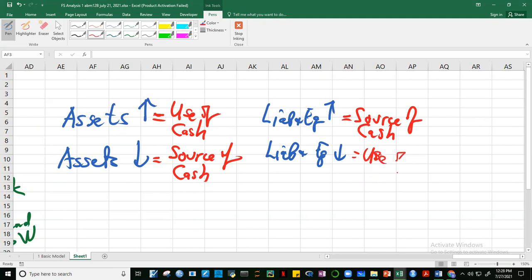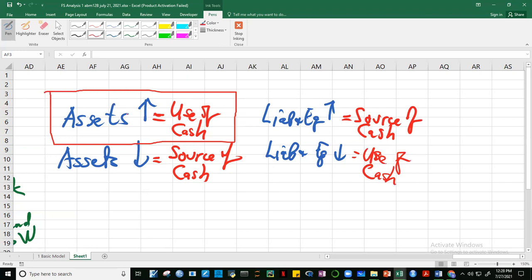Okay, so that's the summary, guys. Ito yung, as I said, itong rule lang kailangan natin. Kasi if you know this, guys, the rest will just flow from this. Okay, you can construct it on your own pag alam natin itong assets increase is equal to use of cash.